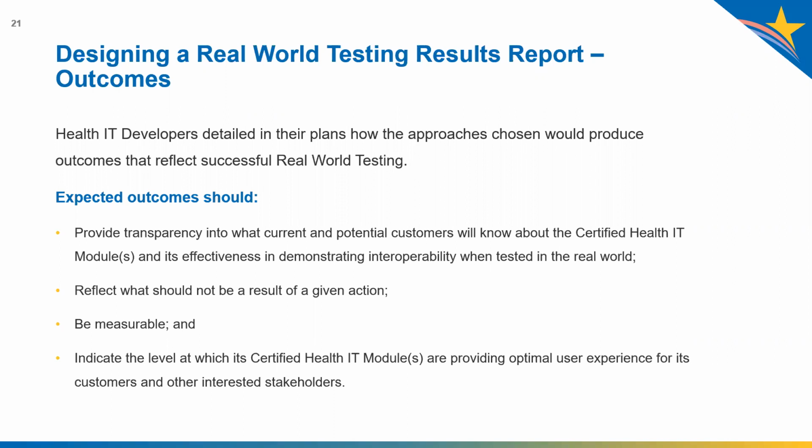It should have reflected what could not be a result of a given action. It should definitely be measurable and indicate the level at which the certified health IT is providing optimal user experience for customers and its stakeholders.